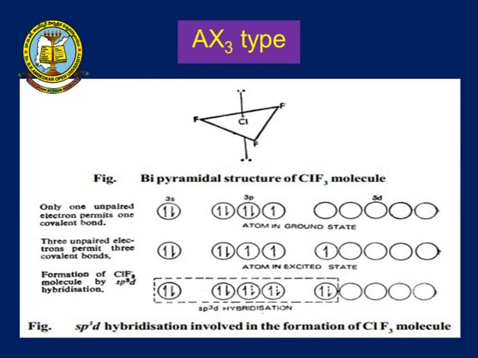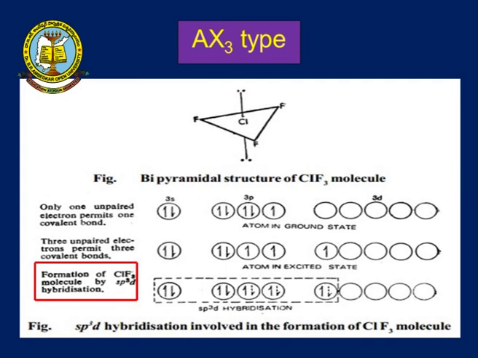So, in this condition, the central iodine, 1 s orbital, 3 p orbitals and 1 d orbital combine together to form sp3d hybrid orbitals. In the sp3d hybrid orbitals, out of the 5, 2 orbitals are filled with 2 electrons, the remaining 3 orbitals contain single electrons. The 3 single unpaired hybrid orbitals overlap with the p orbitals of another 3 halogen atoms, right.